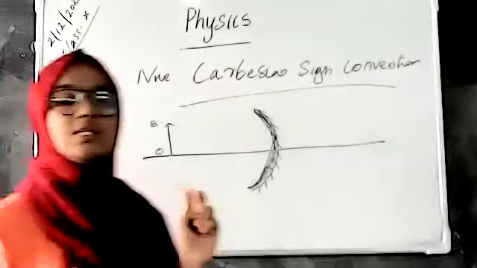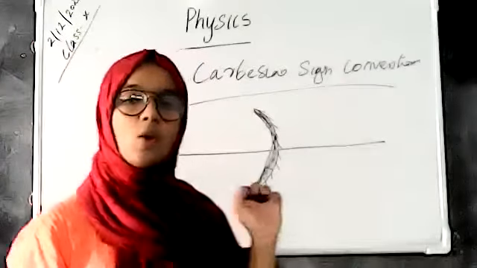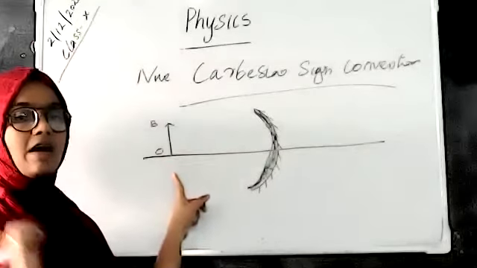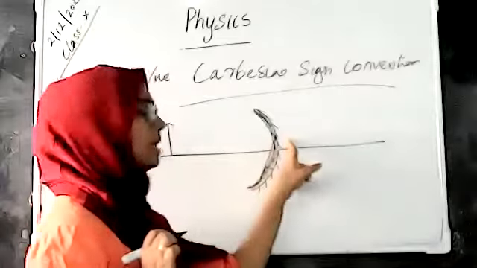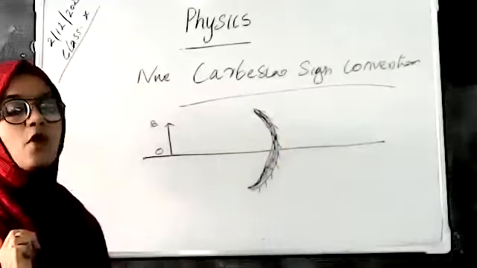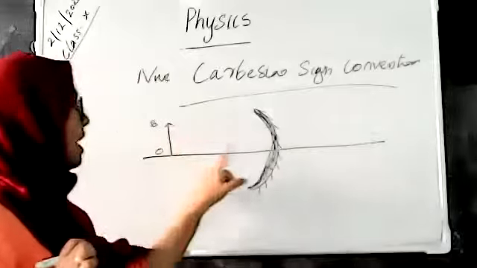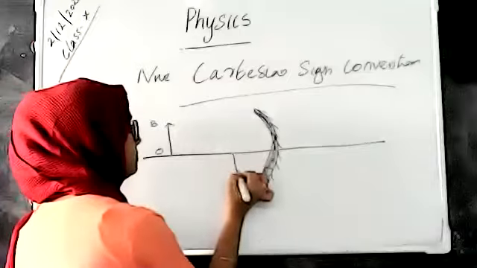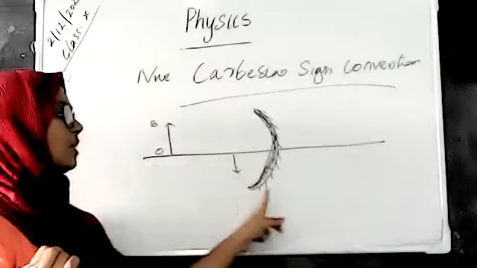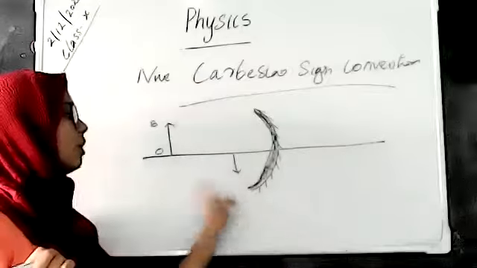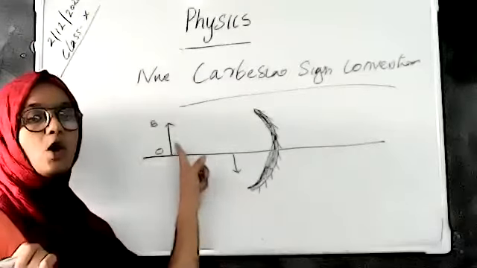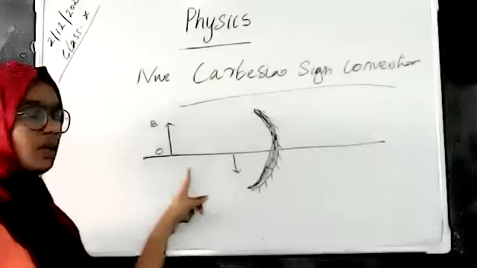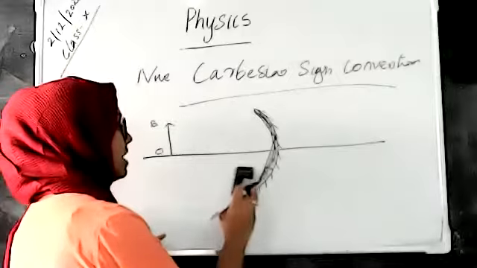From the source of the object, light rays travel and are incident on the mirror, forming the reflection. That reflection gives the image of the object. When we use concave mirrors, we get an inverted image of objects. Sometimes it may be small in size, sometimes large.